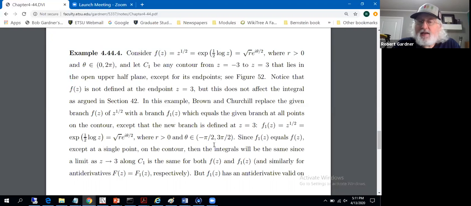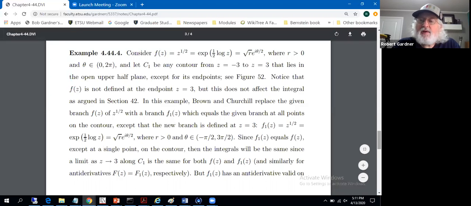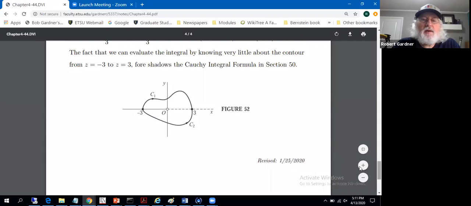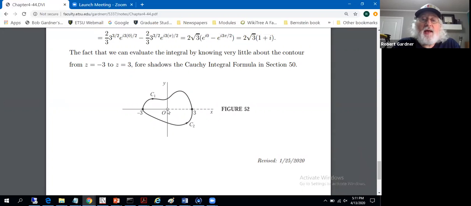We're throwing out theta equals -pi/2. So what they're doing is defining a new branch of the logarithm that removes 0 and cuts along the negative imaginary axis, in such a way that we're creating a branch of the square root function. We get the same values throughout the upper half plane.